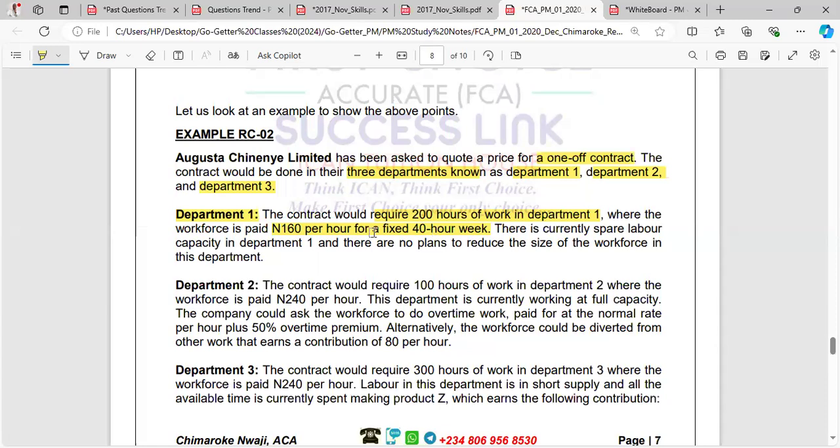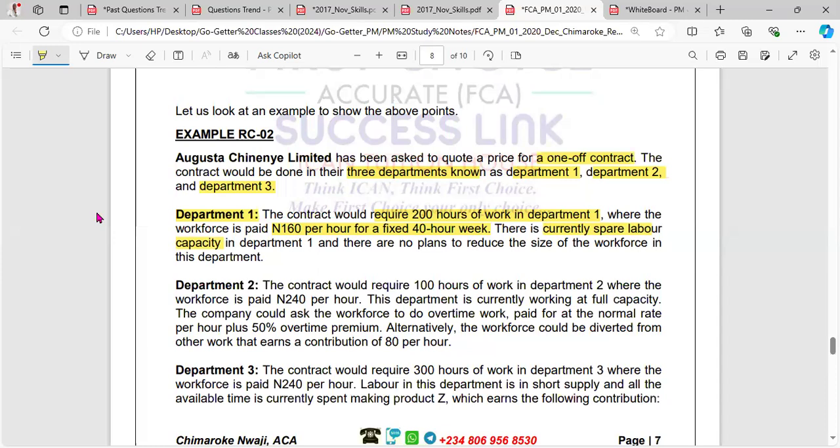One of them is this language they use here, for a fixed 40-hour week, or a guaranteed hour week. Another thing you will also know is when they mention spare capacity: there is currently spare labor capacity. Only permanent employees will have spare capacity. Temporary employees will not have spare capacity because you are paying them according to the number of hours they work.